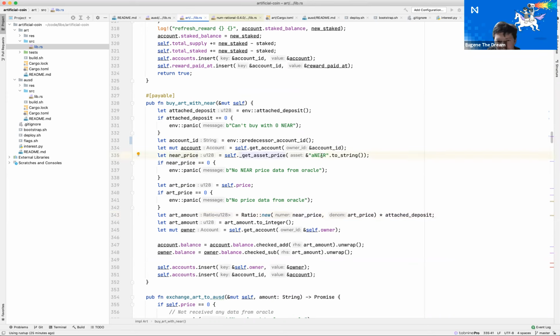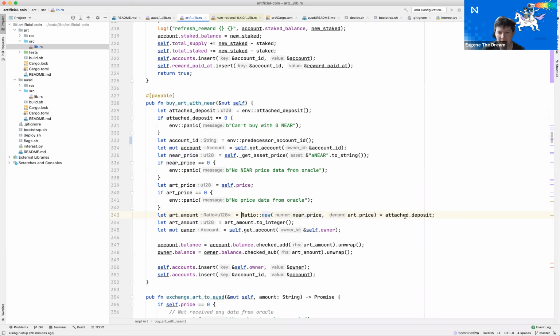Then what is this price denominated in? It's like the price of one near in USD or one yoctoNEAR.